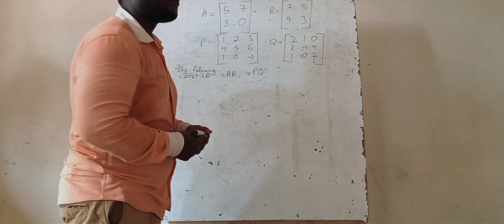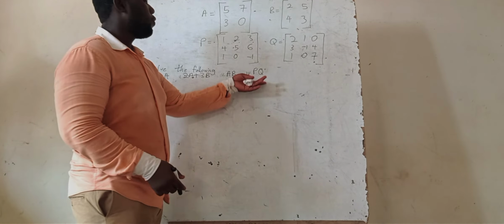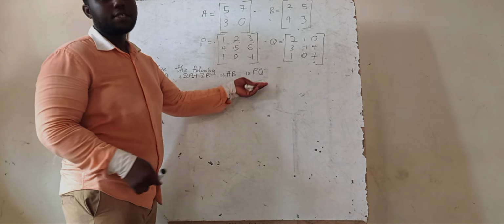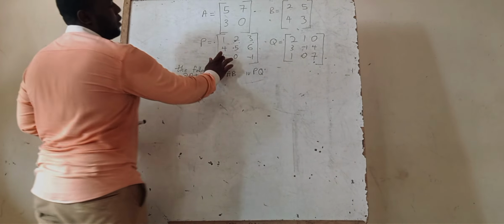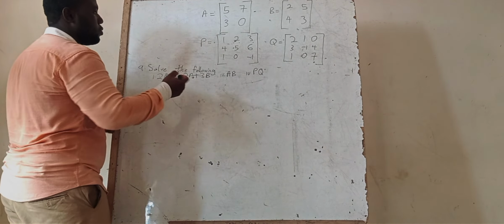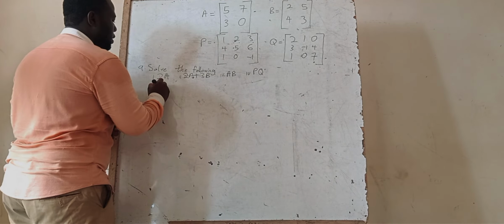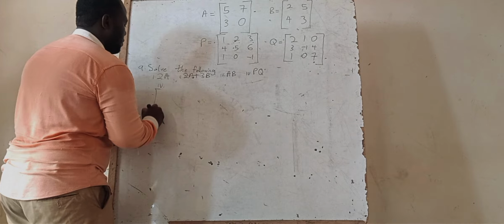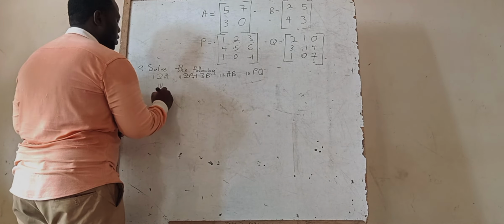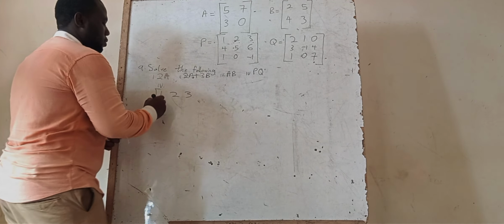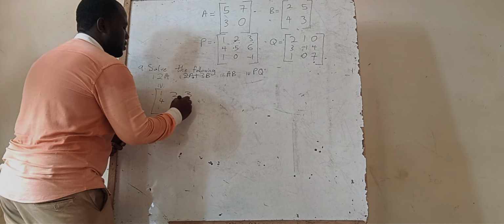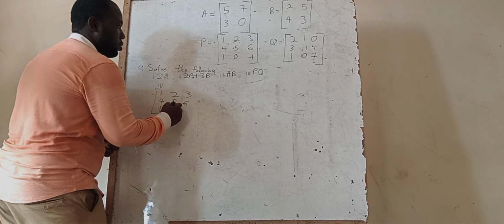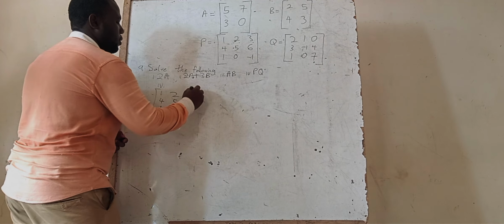So let's perform the multiplication for IV, which is P and Q. P taking on Q. So for P, we are solving for IV. For P, we have 1, 2, 3, 4, 5, 6, 1, 0, -1.